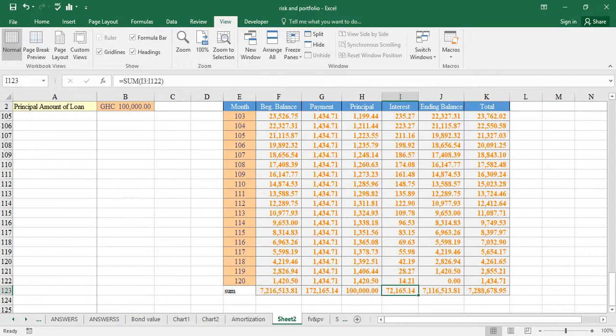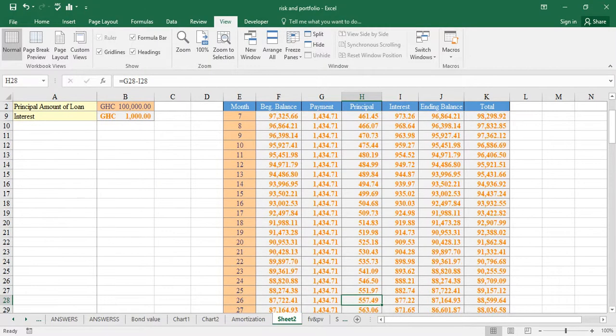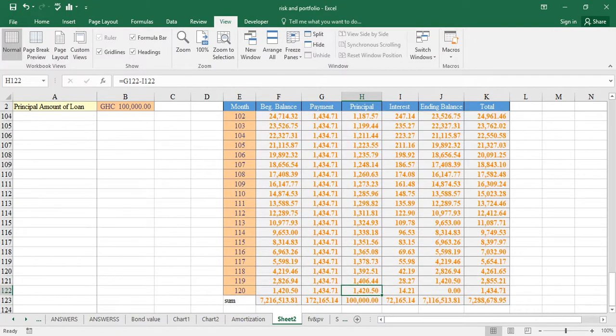So the two here give us our total payment. Now, one thing that we should realize is that with this payment method, the payment is fixed. The total payment over time is fixed. So you are paying a fixed amount throughout the maturity period, but the principal increases over time. As we can see here, from 434, it goes up till the end where you have 1,420.50.